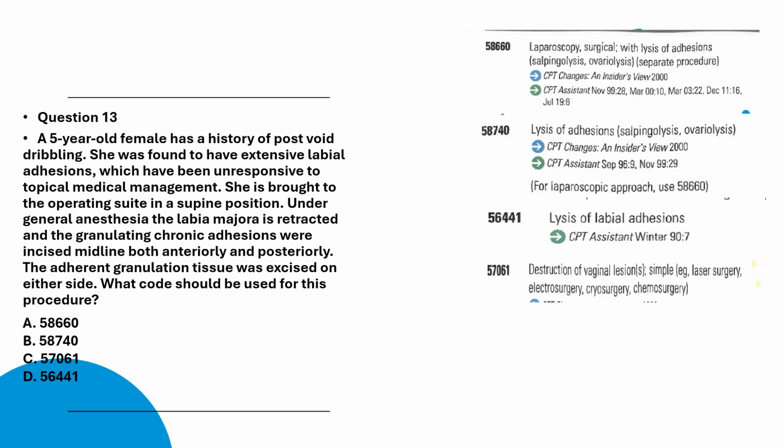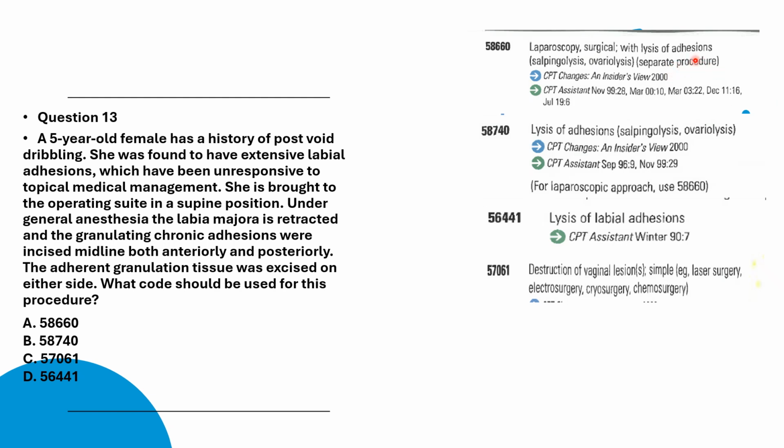So let us look at our data. What is happening is this little girl has the labial adhesion, and that has been removed. Let us look at the code 58660. It is a laparoscopic surgical procedure where the lysis of the adhesion has been done.